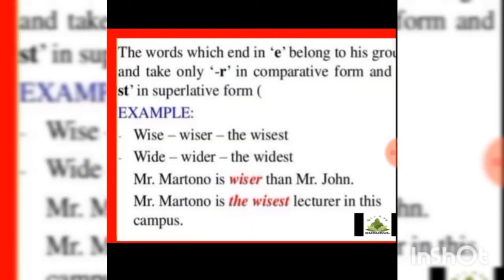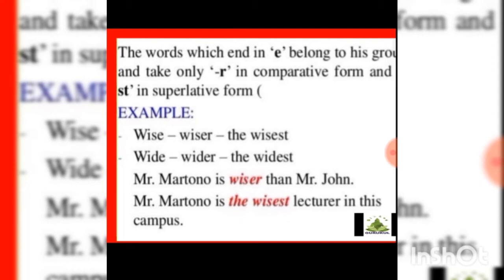Now children, there is another rule. The words which end in E take only R in the comparative form and ST in the superlative form. So children, when a word ends in E, for example, over here you can see in the slides, wise. Wise ends with the E, isn't it, children?